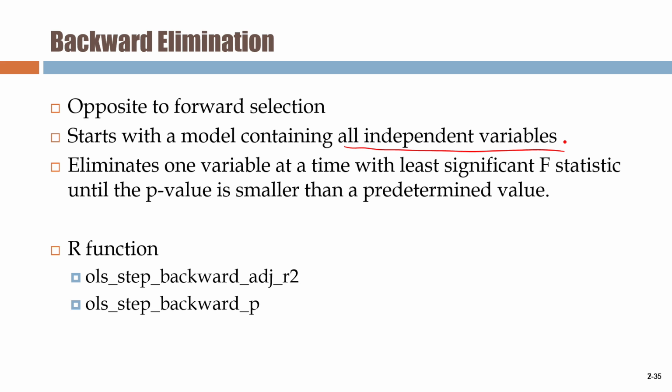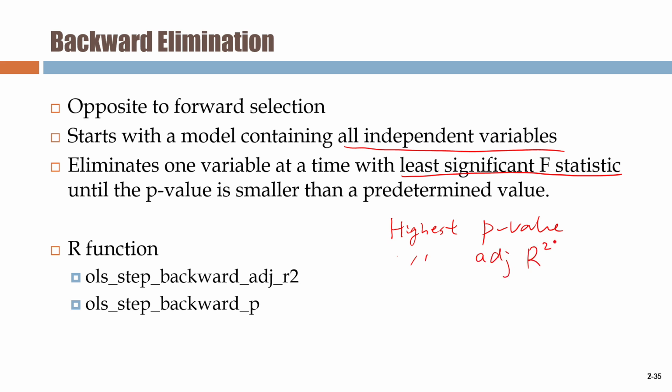And then you just eliminate one variable by one variable. You just drop the least significant F or highest p-value, right? And then you can try one variable by one variable, and then you can also choose the highest adjusted R square.